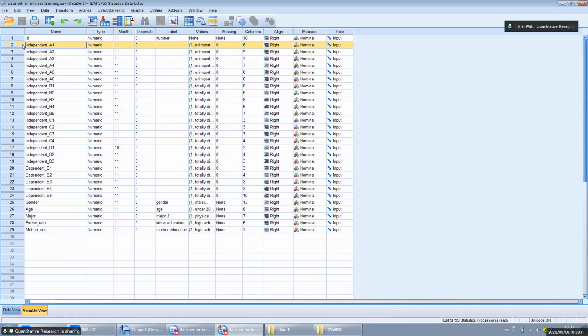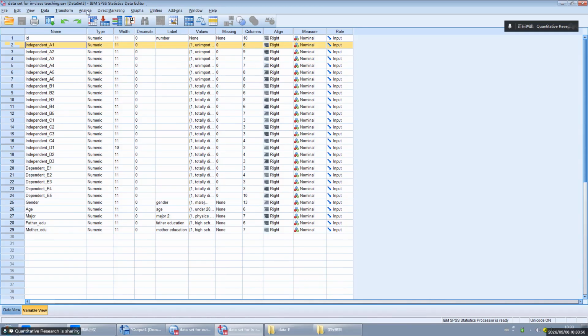Here we are going to use the construct, the concept, motivation, right? So we are not going to examine the group differences or the gender difference in A1. Instead, in A, because A represents a concept. So what is the data for A? We are going to compute the mean scores for A.